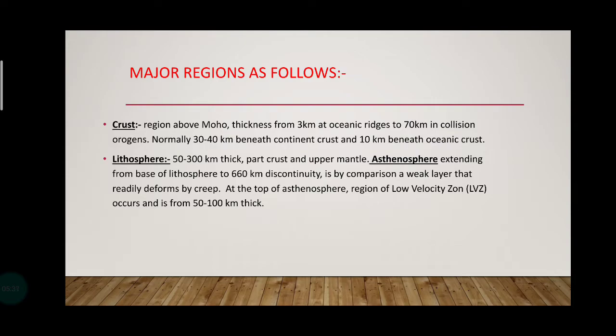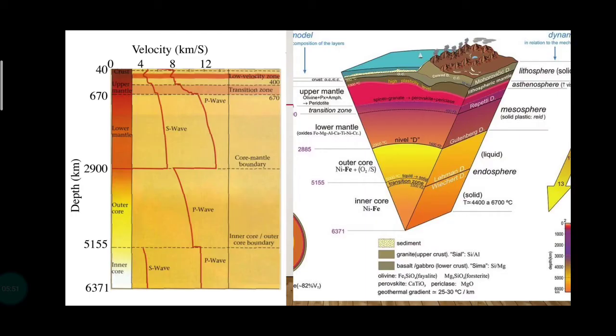So we see plate tectonics. The asthenosphere is like an ocean to the plate. At the top of the asthenosphere, a low velocity zone occurs, 50 to 100 km thick. Now we are going to study the upper mantle.